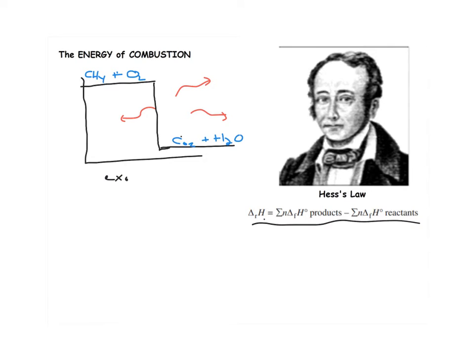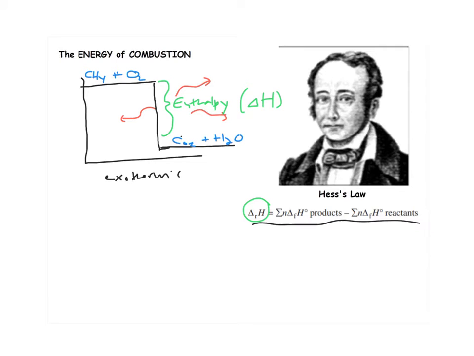An exothermic reaction is a reaction that releases energy. The difference between these reactants and these products is what is called enthalpy. Enthalpy is the difference in energy between products and reactants, and we have a symbol for that. That is delta H. So this week we're going to be looking at calculating delta H.